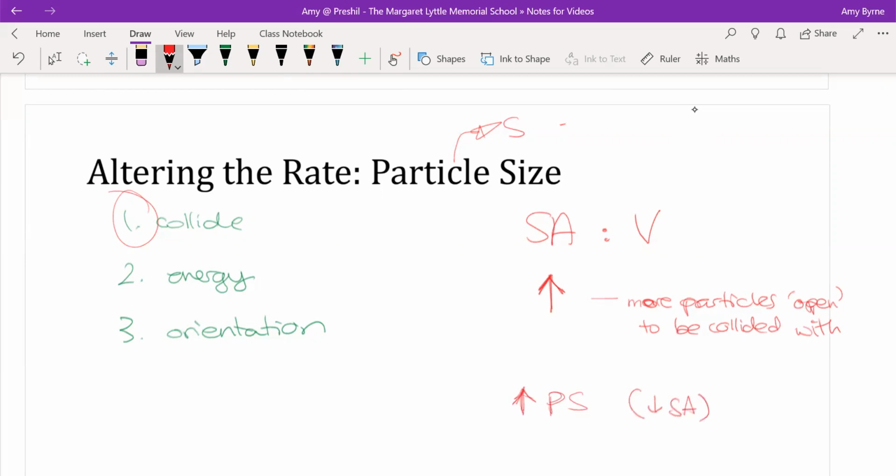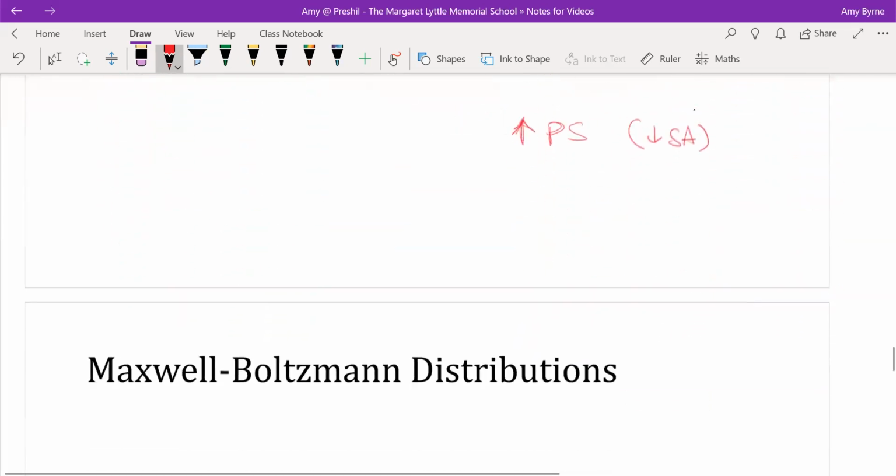So a large particle size means a comparatively small surface area. Those two things work opposite to each other. Think about cooking potatoes or any vegetable. If you cut it up small, it cooks faster. More of that surface area is exposed. So particle size is all about collision frequency.